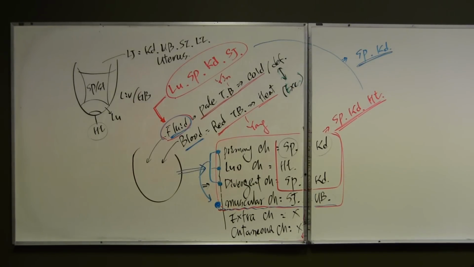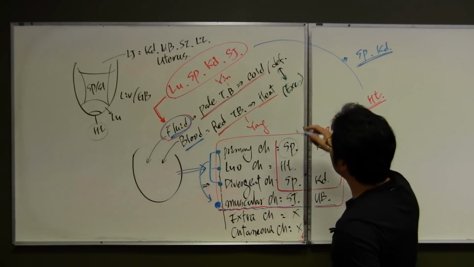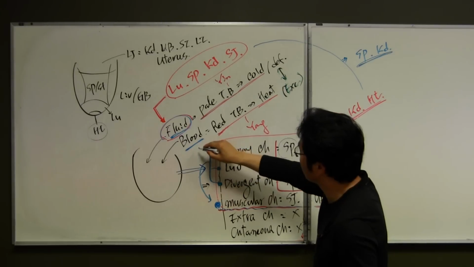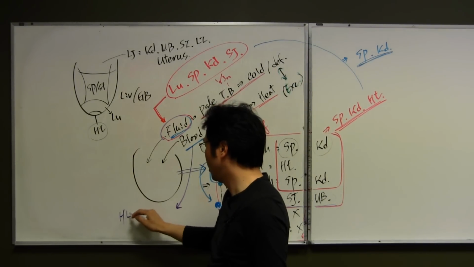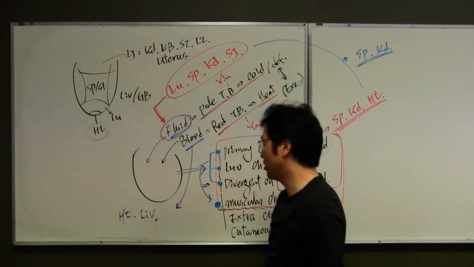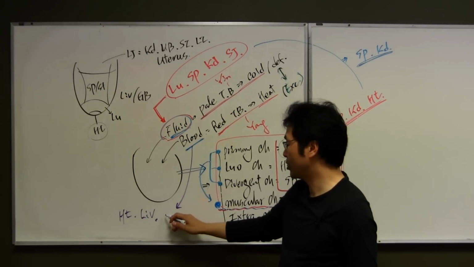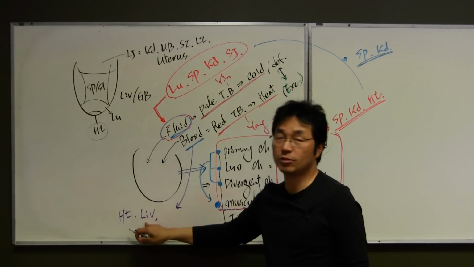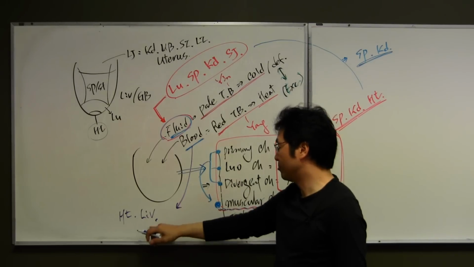And another one is blood circulation. In blood circulation, what organs are actually related to the blood circulation? There's the heart and also the liver. The heart can pump the blood, and the liver usually regulates the amount of blood in the vessel, and it also is involved in circulation of the blood by the free flow of qi function.